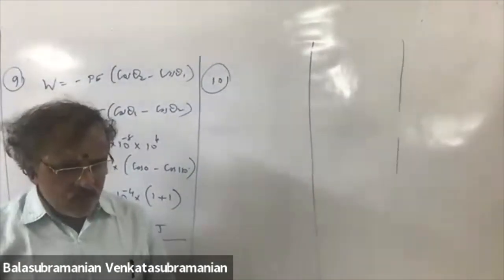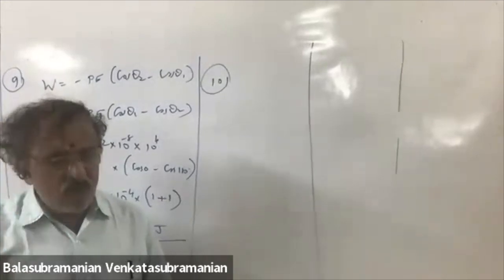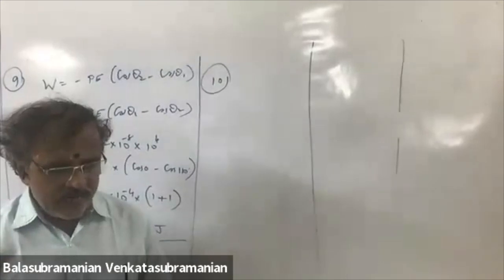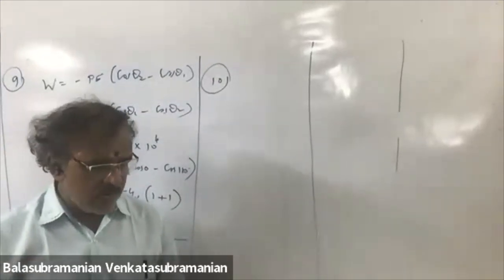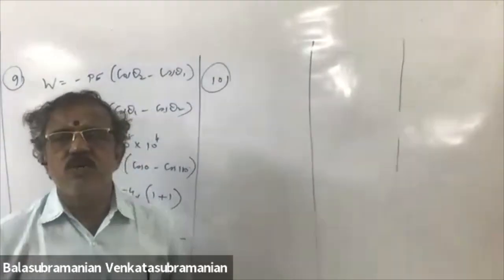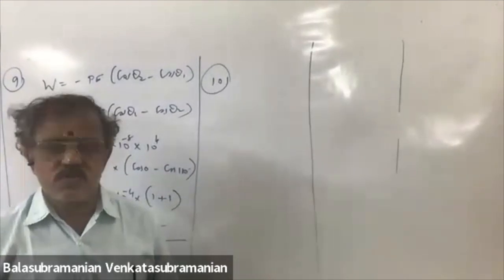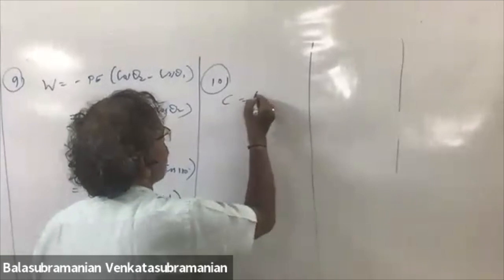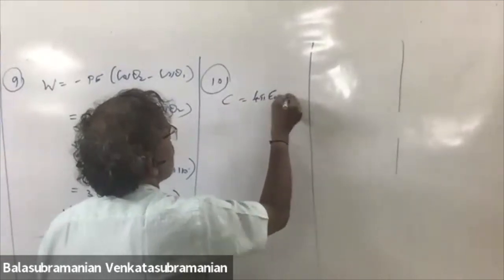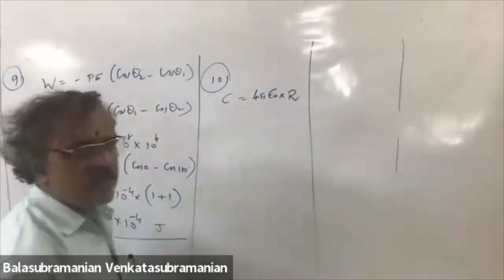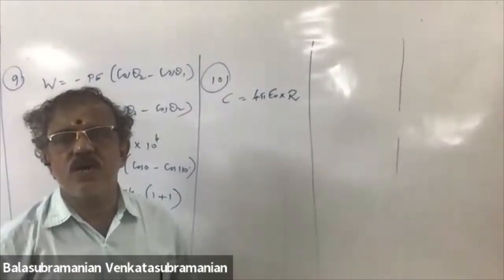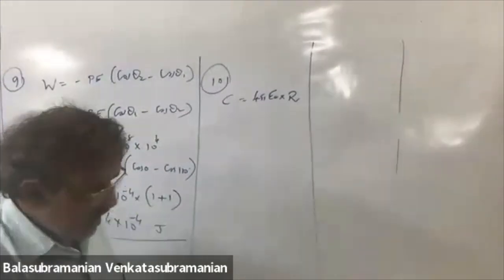An isolated sphere has a capacitance of 50 picofarad. Calculate its radius and charge if V is equal to 10 power 4 volts. Isolated capacitor value 4 pi epsilon naught R. Spherical capacitor, capacitance value 4 pi epsilon naught R. R to be calculated.